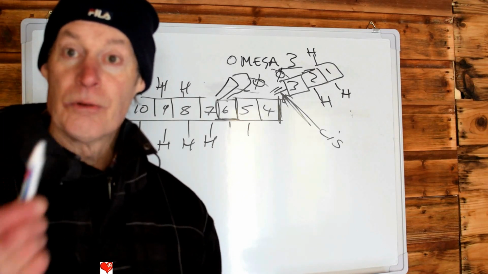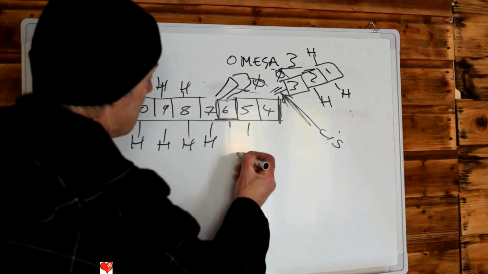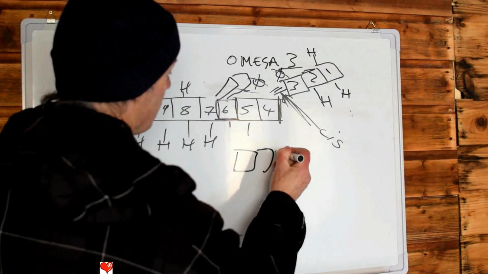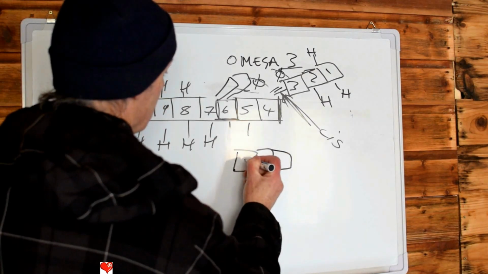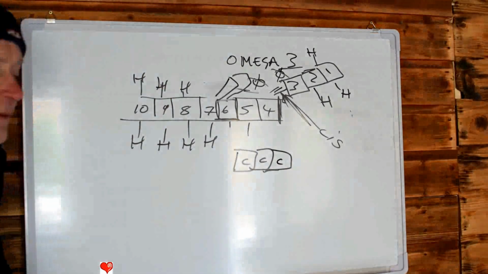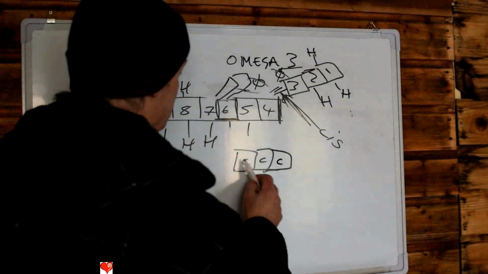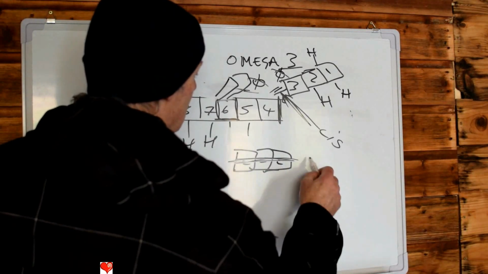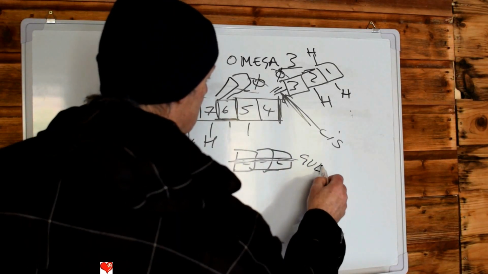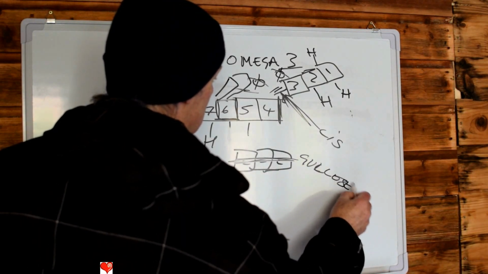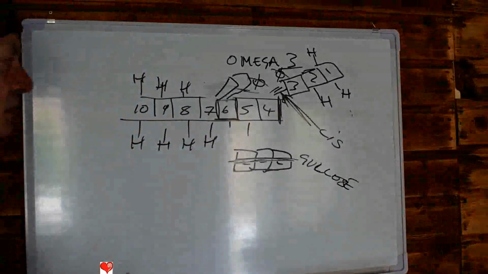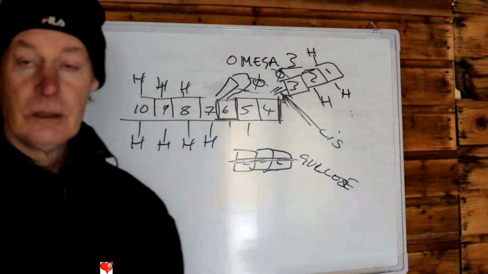So you have three carbon fats attached to a backbone of glucose. Okay? And it becomes known as a triglyceride.